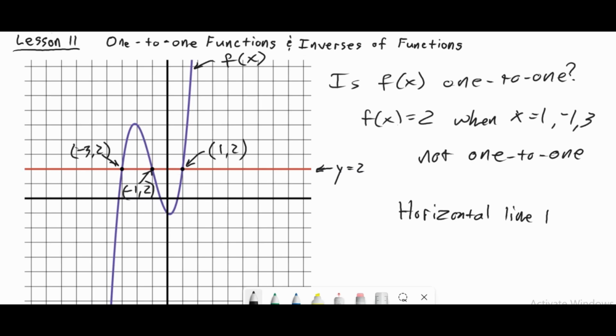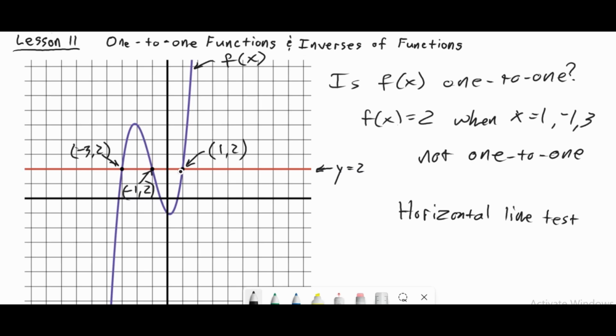It's kind of like the vertical line test for a function. With a vertical line test, if the vertical line crosses over the graph in more than one place, then it's not a function. So here, the horizontal line test is determining whether the function is one-to-one.